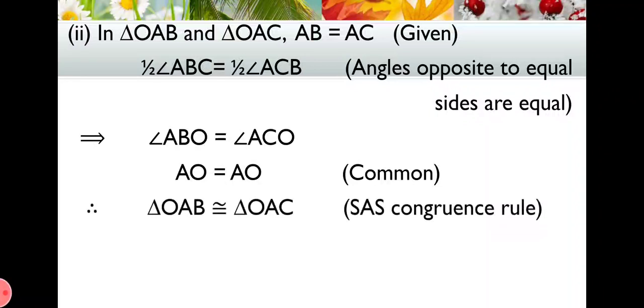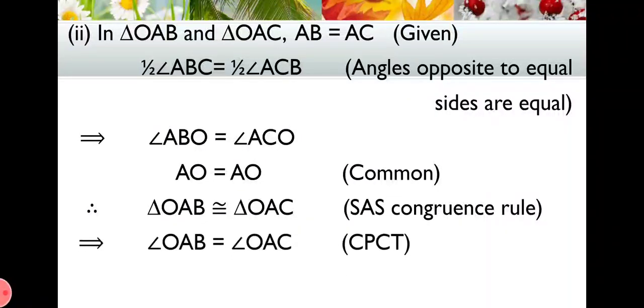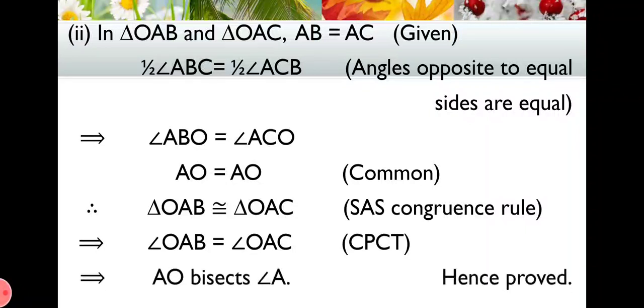Therefore, triangle OAB is congruent to triangle OAC by SAS congruence rule. Implies that angle OAB equal to angle OAC by CPCT, that is, corresponding parts of congruent triangles, implies that AO bisects angle A. Hence proved.